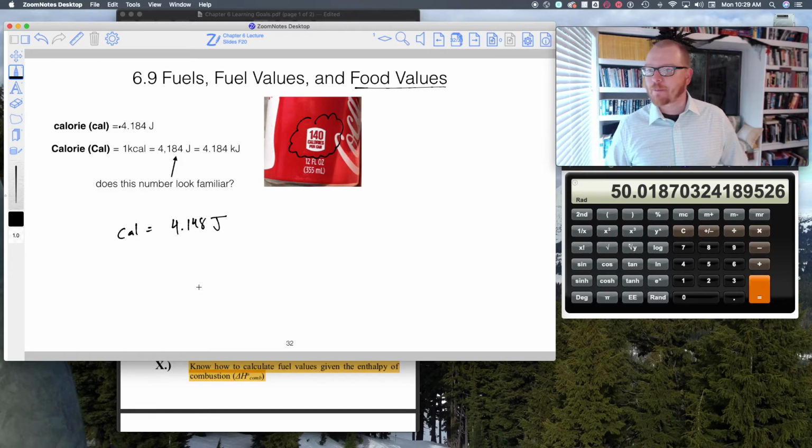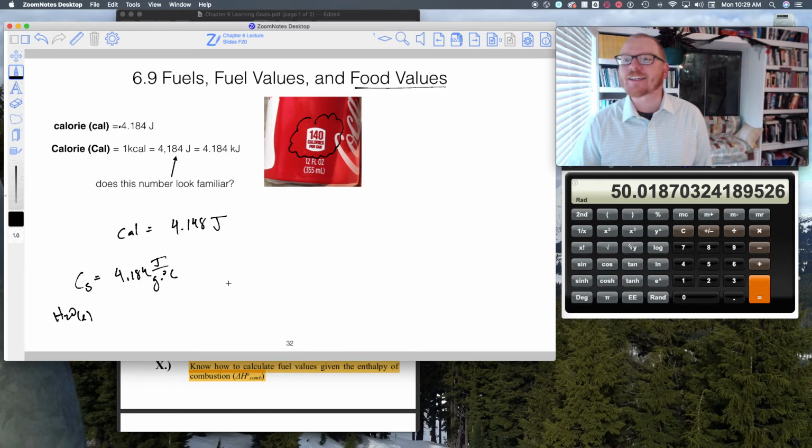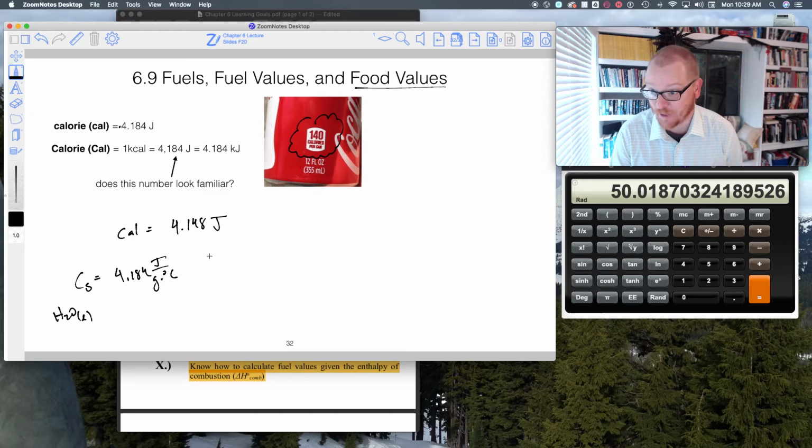And does this number look familiar here? Hopefully it does. The specific heat capacity of liquid water is 4.184 joule per gram per degree C, which is the basis of the unit calorie.